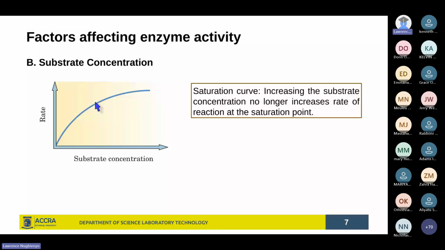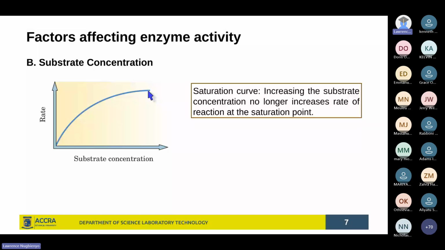So what I mean by steady state is that you reach a point where there's saturation of the system such that all the enzymes that are present in the reaction mixture are occupied. So that when you continue to increase the substrate, there will no longer be free enzyme molecules that will be acting on the excess substrate.